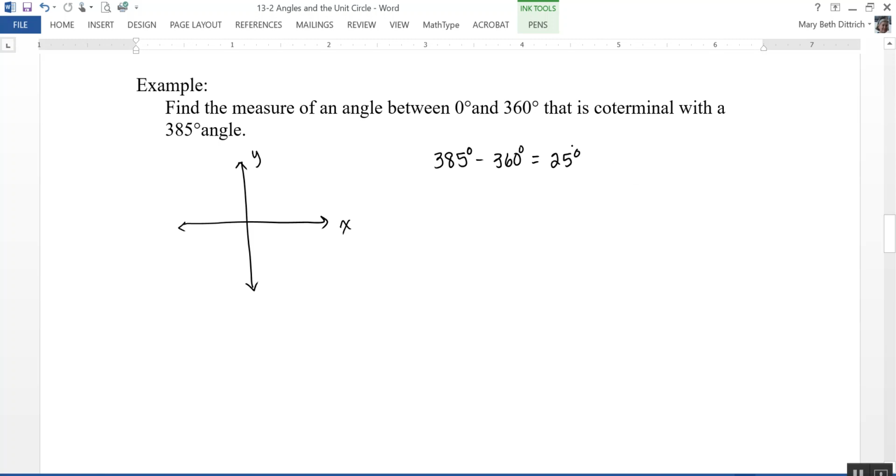A 385 degree angle is going to start here and go around 90, 180, 270, 360, plus another 25 to get to 385 degrees. So an angle between 0 and 360 that's coterminal with 385 would be a 25 degree angle, something like that.